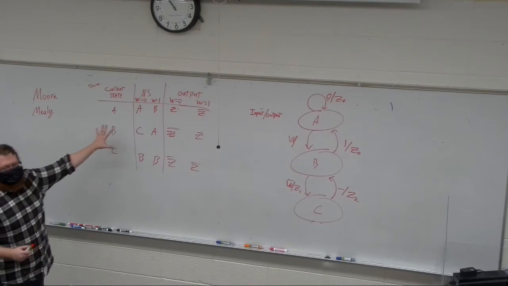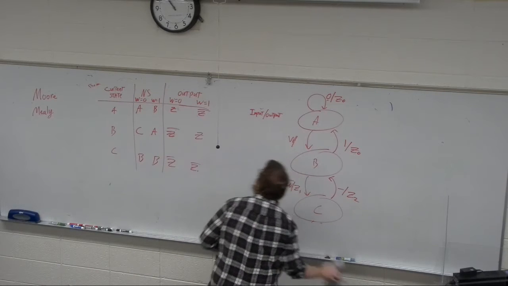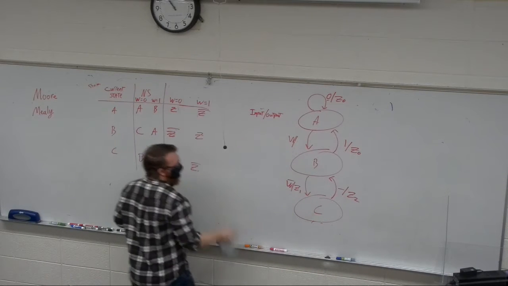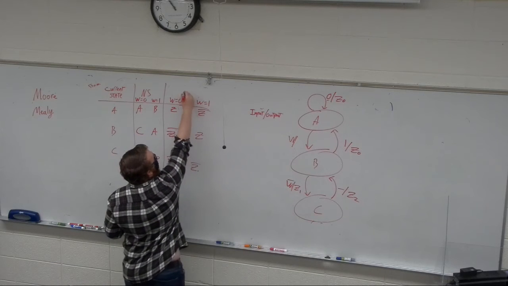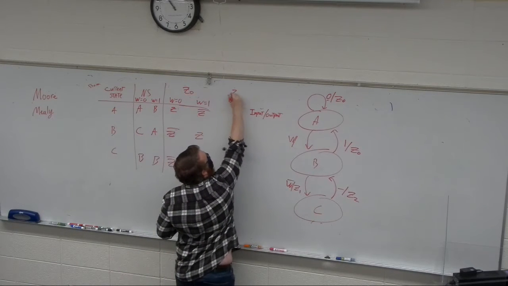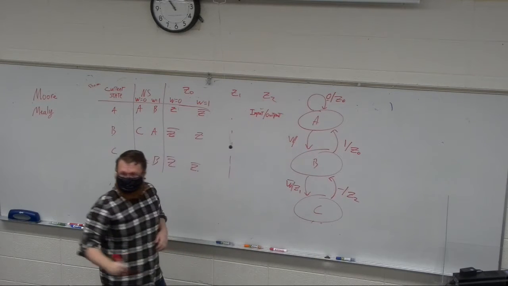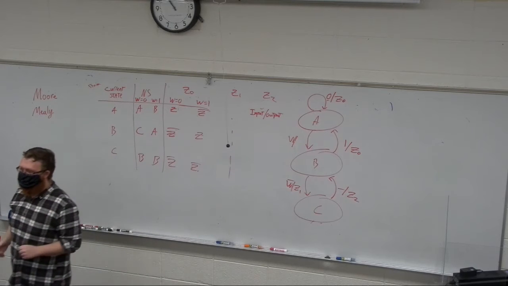If I were to update my state table for this, instead of writing one output column, I would need to create one for Z0, Z1, and Z2, and I'd fill those in and extend that state table.